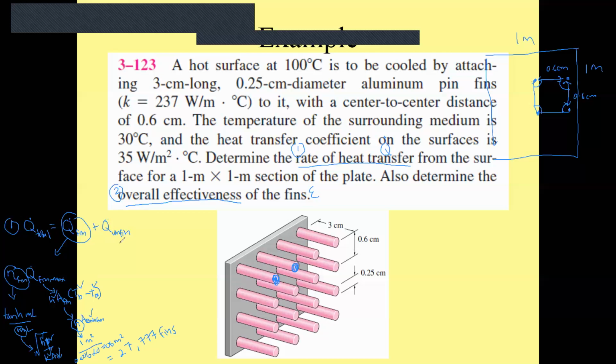Now the unfin area. The unfin heat is given by h A unfin times the temperature difference. To calculate the unfin area, you can see this is a square, and it's as if you have holes of circles here. So you have to deduct this area from this.